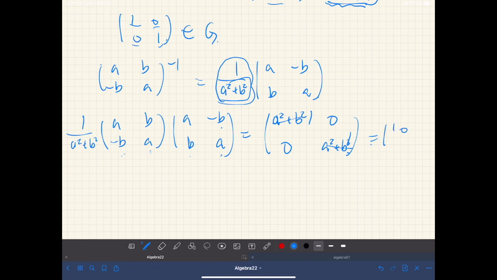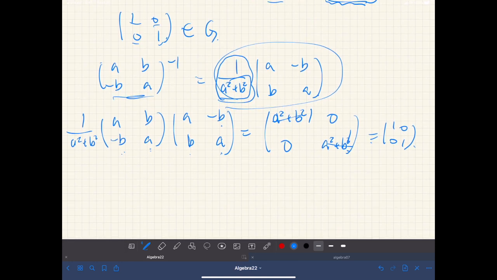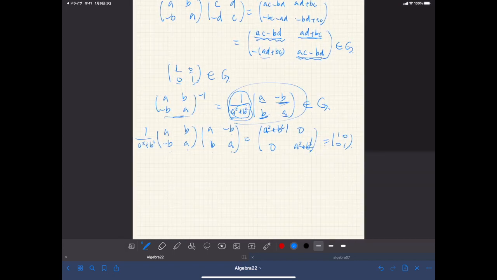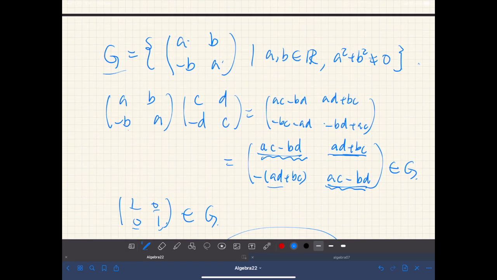So that is the identity element. Therefore, this is the inverse matrix of this. And of course, the inverse matrix here has the same element on the diagonal, and the off-diagonals are negatives of each other. So this again belongs to this set G. So the inverse element is an element of G. And of course, matrix multiplication is associative. So this G is indeed a group.